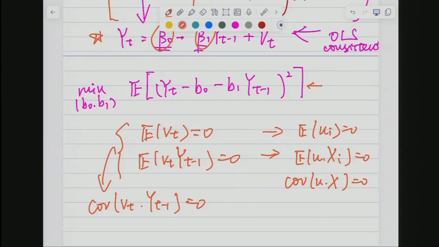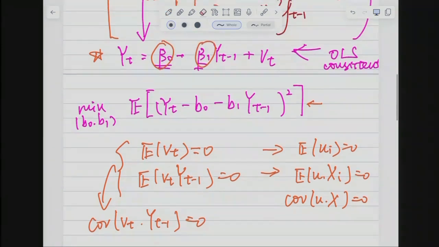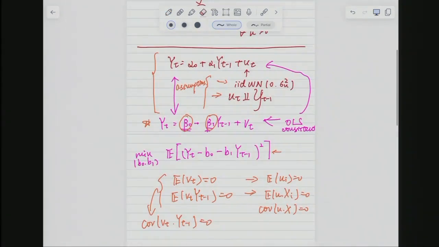Now, this, together with the fact that we have unique solutions, basically means if our AR model satisfies the same set of conditions for the error term u, then alpha naught and alpha 1 must be the same as beta naught and beta 1.